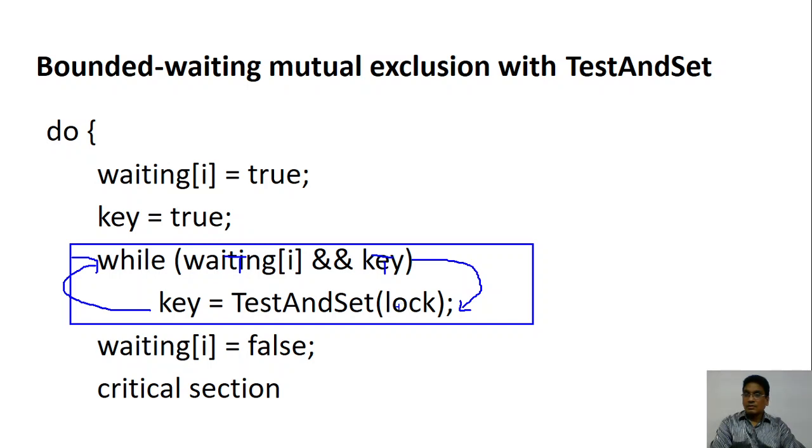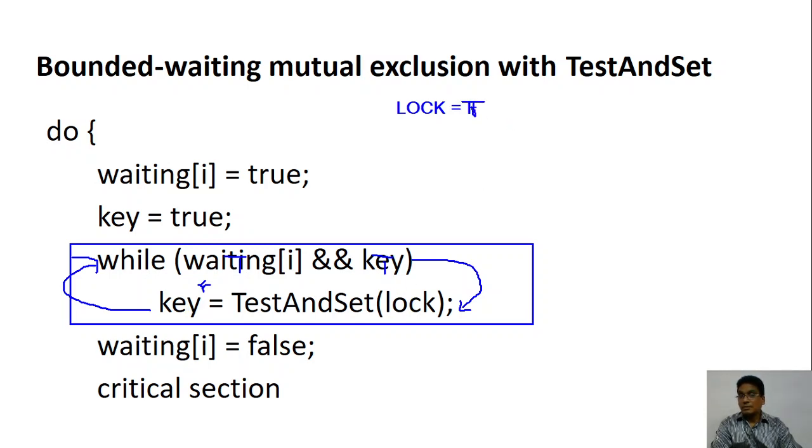What is the test and set? If the lock is initially false, what is the answer you are going to get? When you try to lock it, the key becomes false. Yes, the key becomes false, you know very well, and lock becomes true.